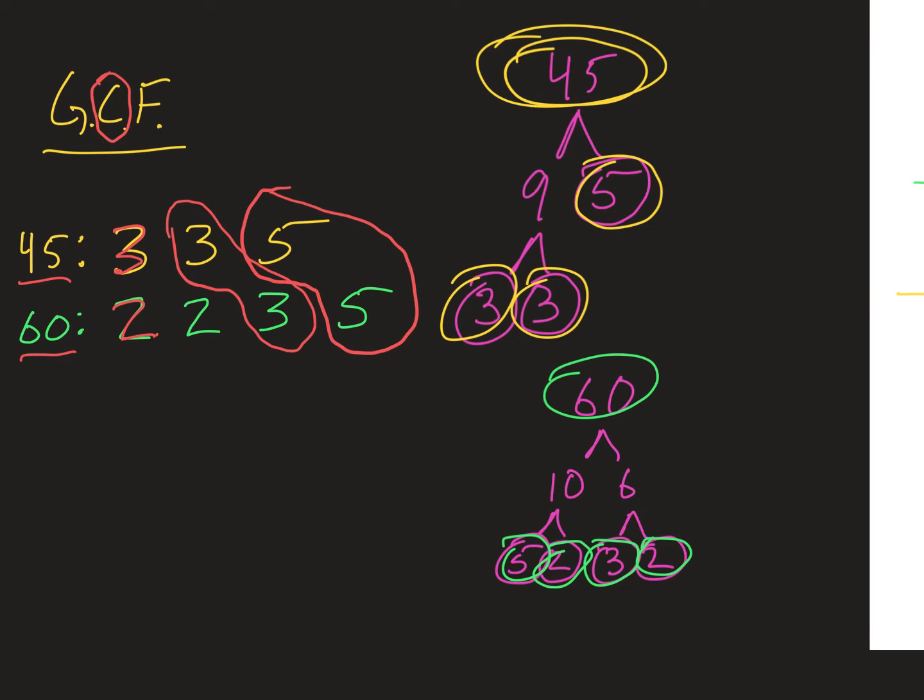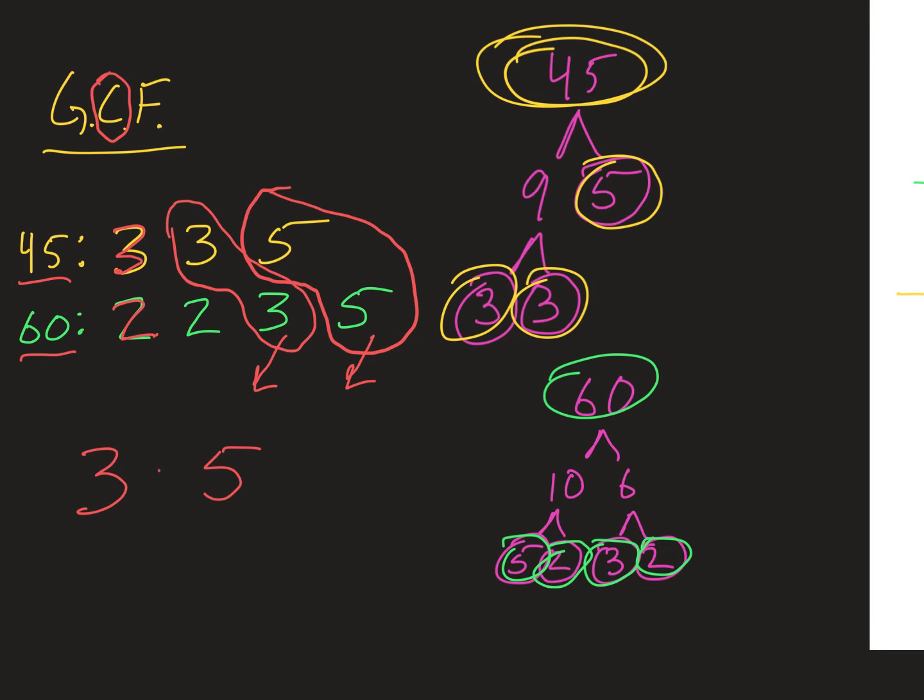So now I take what I circled and I just write one of the numbers down, okay? So the 3s are common, so I just write 3 once. Okay, don't get confused there. You're just writing it once. 3 is a common factor, so you're just writing 1 3. And then the 5 is a common factor, so you're going to write the number 5.